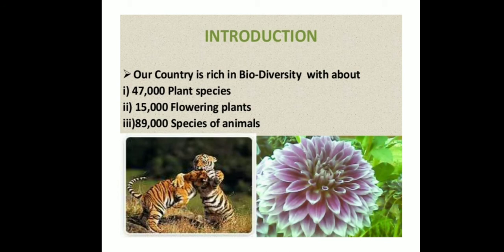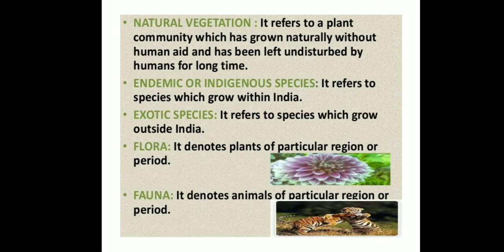Children, you know that our country is rich in mega biodiversity and it is 12th in world ranking. It also has around 90,000 species of animals including marine and water fishes, 2,000 species of birds and insects.